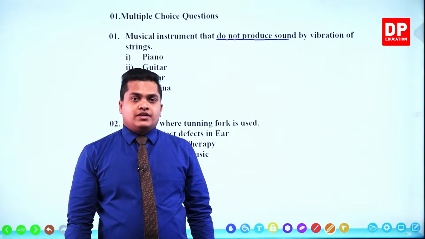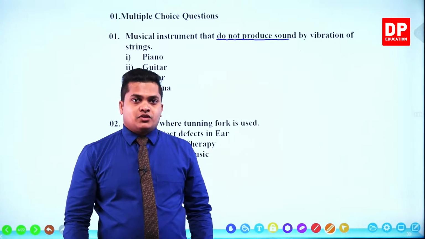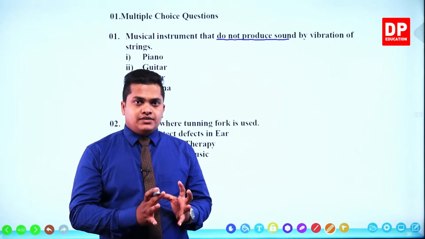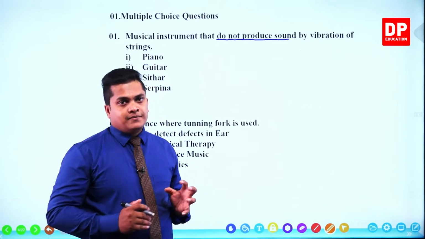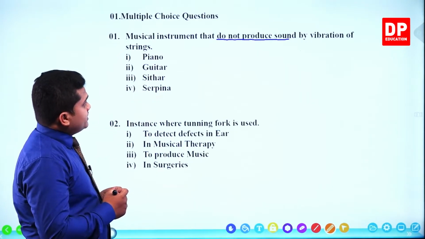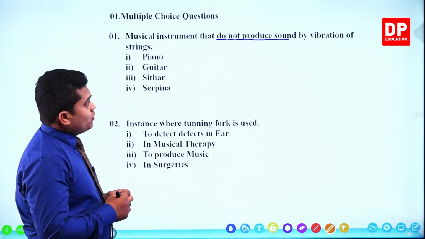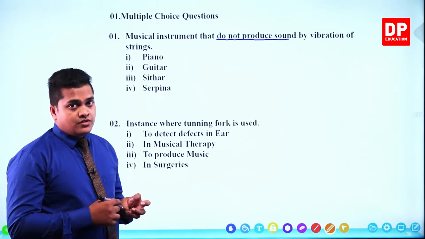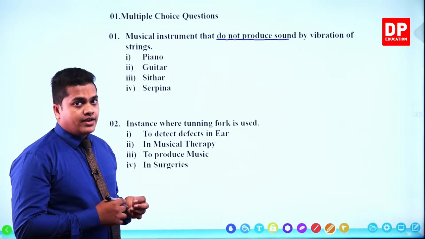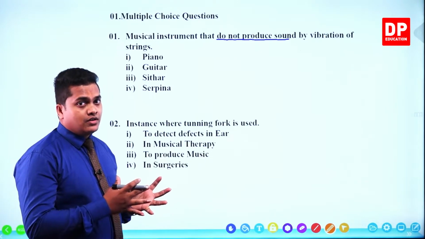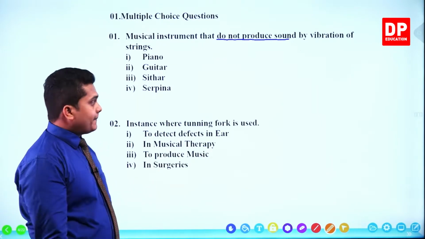So piano is an instrument which vibrates a metal piece to emit sound. So piano answer is incorrect, as it is asking about a do not, a negative one.